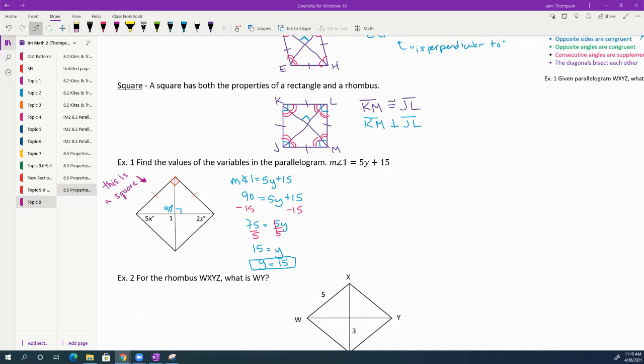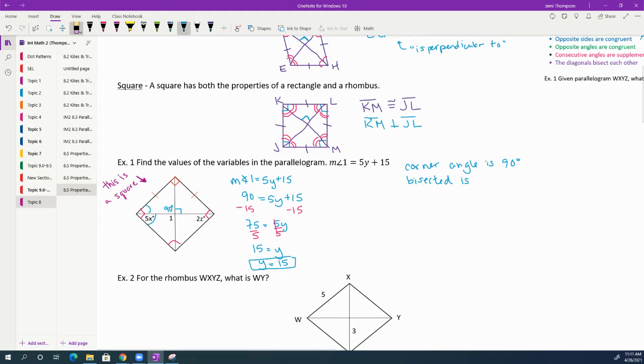So now to go back and find x and z. All right, so other things I know about a square is all of the angles are 90 degrees. Those corner angles. We also talked about how this angle here gets bisected. So if this angle is 90 degrees, the bisected angle then is going to give me half, right?